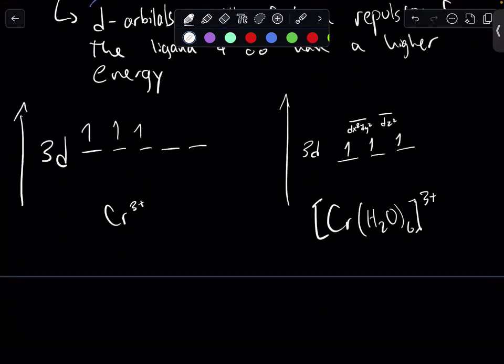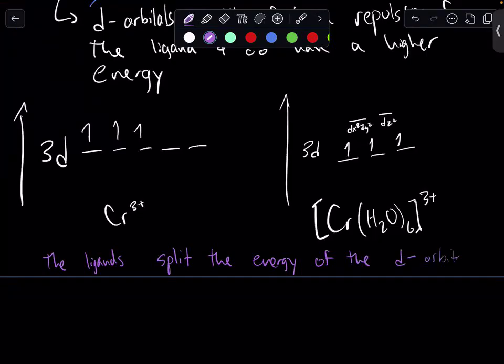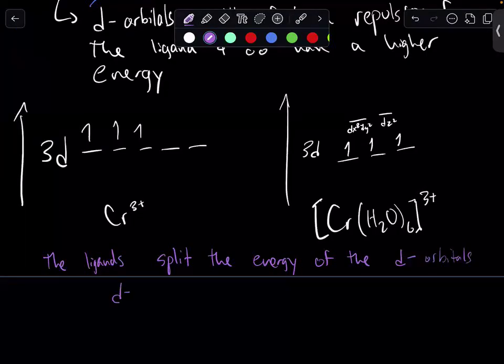So this is the key point of this. The ligands split the energy of the d orbitals. This is called d orbital splitting. Quite aptly named.